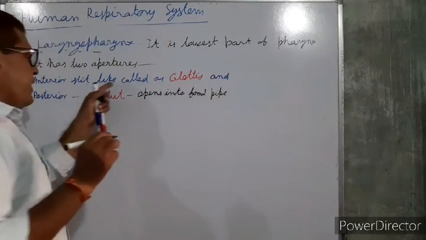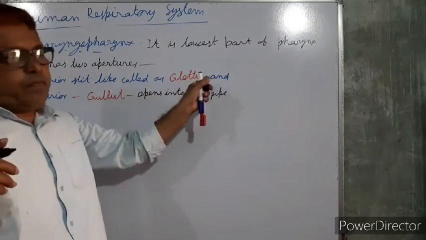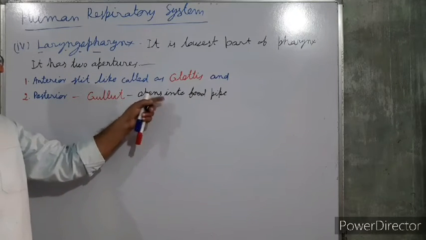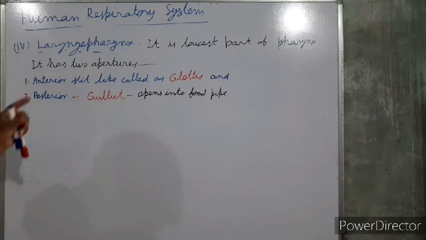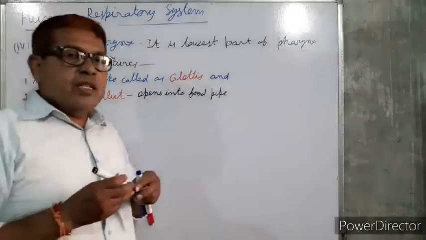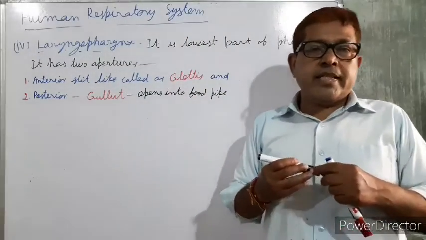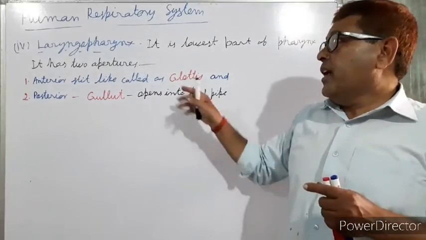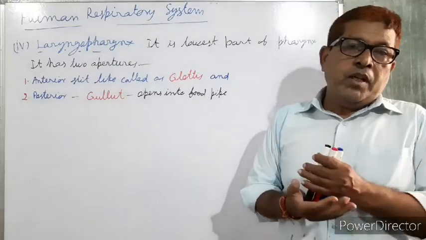Since we are studying the respiratory system, we are studying only this. Up to here, there is a common passage for the movement of gases, water, and food material. And here it is divided into two parts.